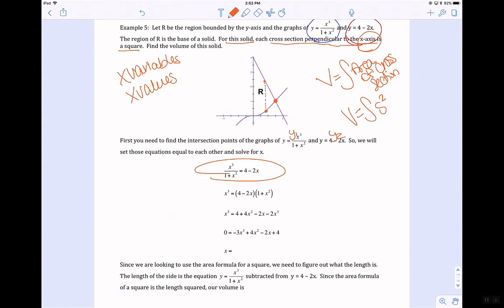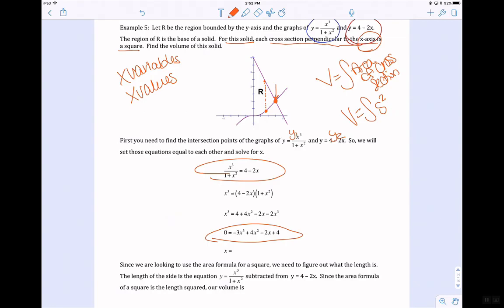You're probably going to have to plug it into the graphing calculator because you get a cubic that doesn't factor by grouping. So your only option is the rational root theorem, or I would just use the calculator for now.